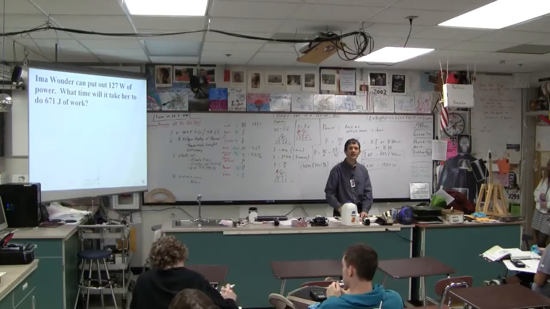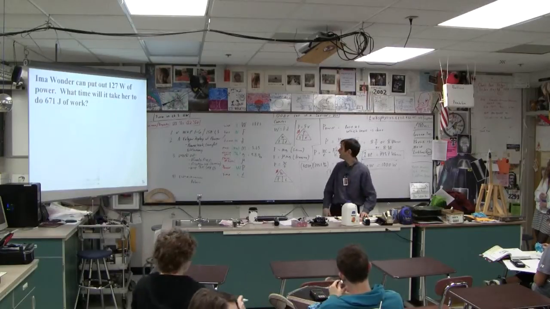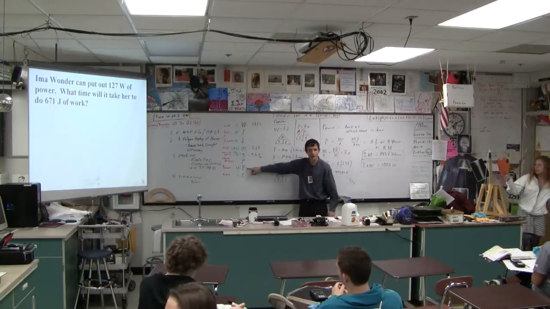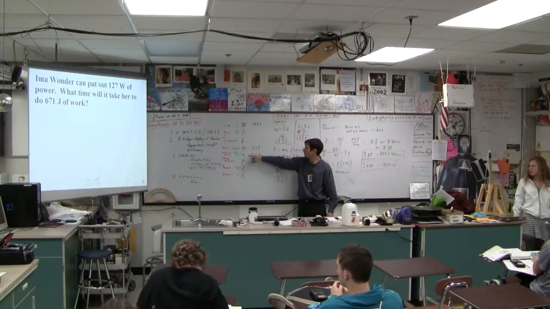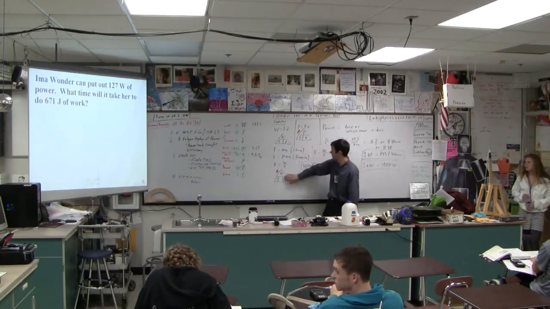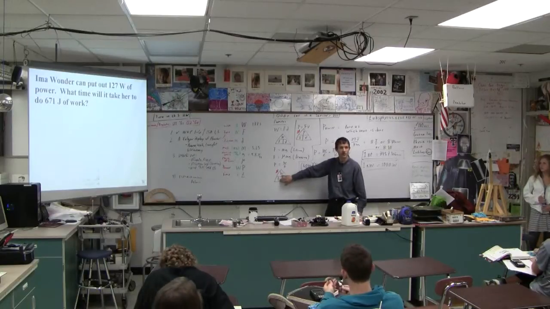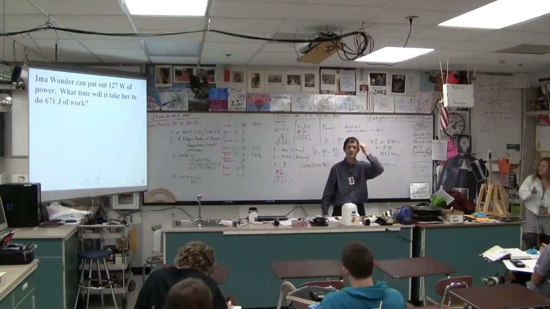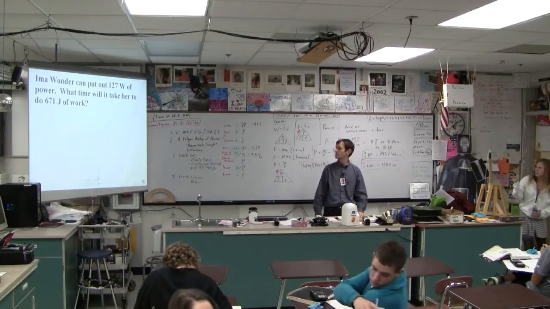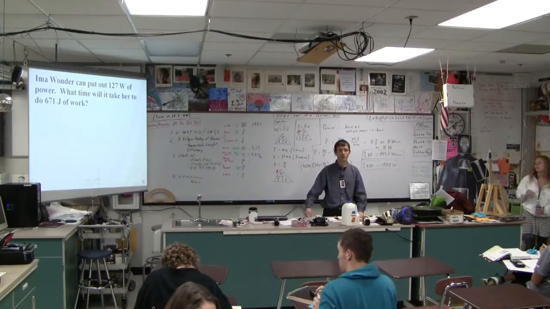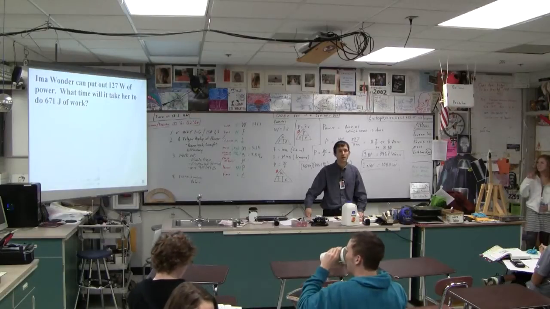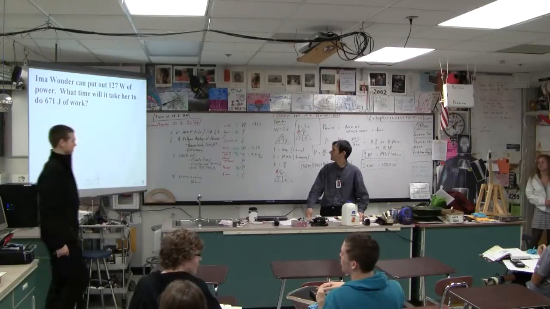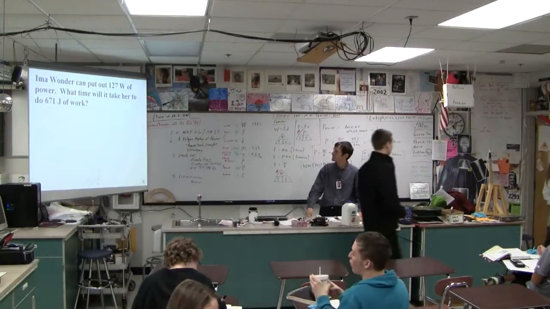The watts is the power, right? And the joules is the work. So you want to do joules divided by watts, right? Yes. Did that answer your question? So it's 671 divided by 127. 127 is 671 over t.